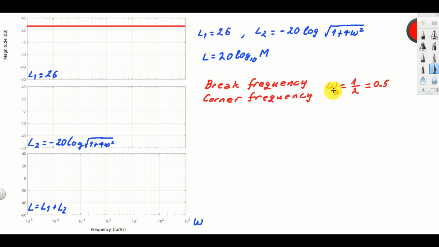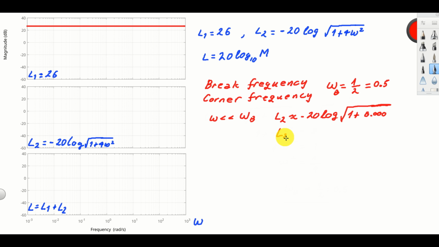Here's the importance of our corner frequency. Namely, it can be shown when ω is much smaller than this corner frequency, this complete term over here becomes a very small number, so L2 can be approximated as minus 20 log square root of 1 plus a very small number, and I'm going to denote it like this, just symbolically.